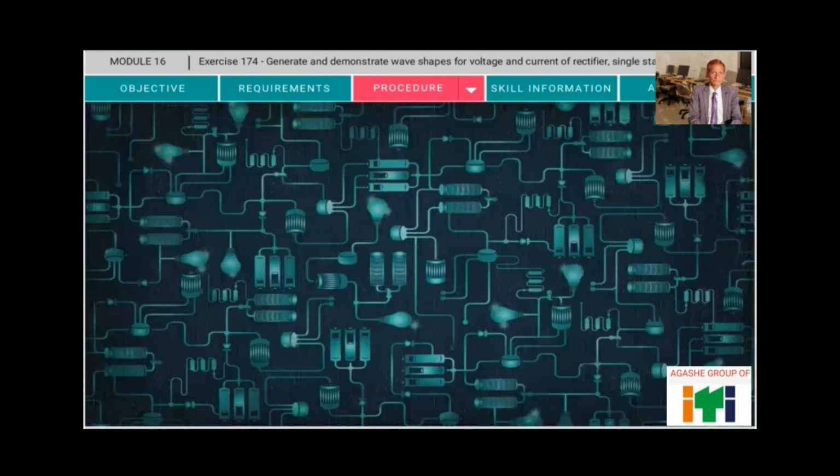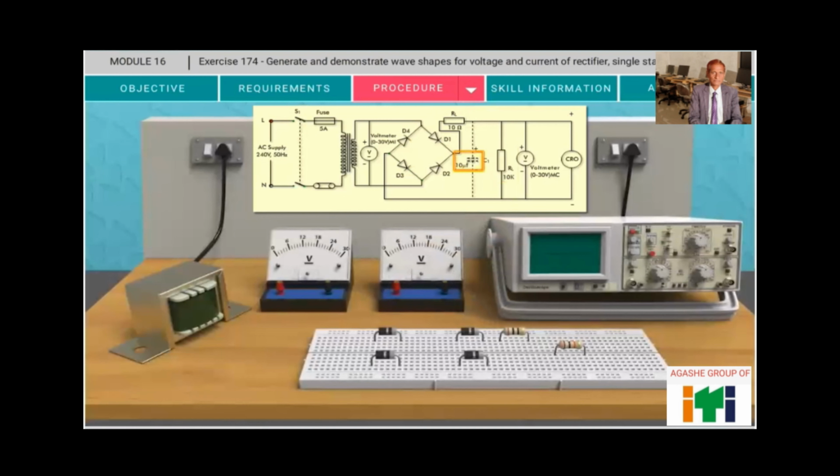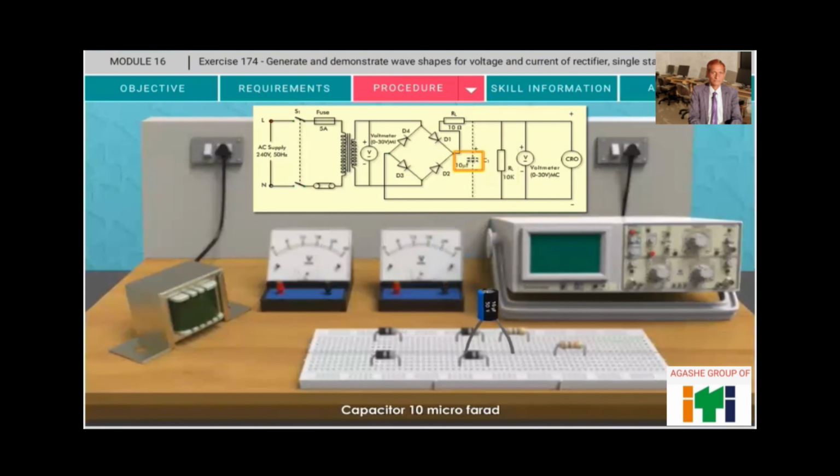The four diodes D1, D2, D3 and D4 connected together make a bridge rectifier. Resistor 10 ohm. Load resistor 10 kilo ohm. Capacitor 10 microfarad.